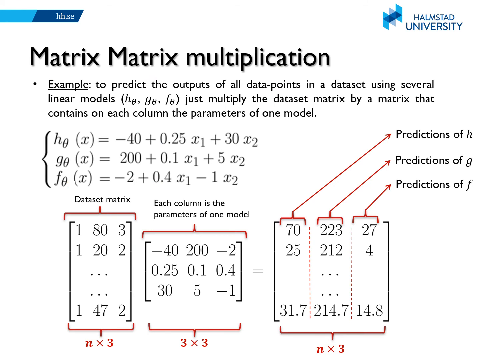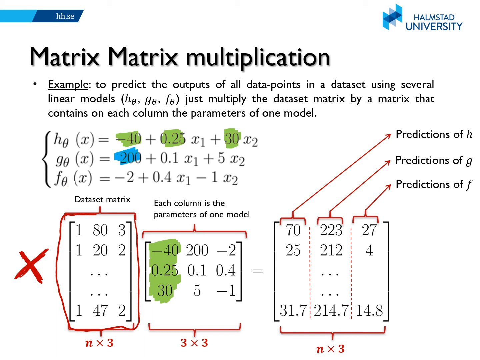So why are we talking about this? Suppose that we have a matrix, this first matrix here, it's our input data x. And suppose that we have 3 different models. The parameters of the first model are those. So we stack them as a column here. So this first column corresponds to the parameters vector of the first model.